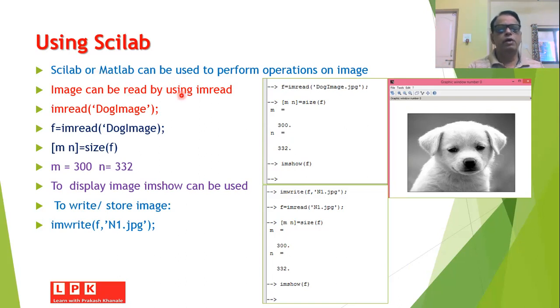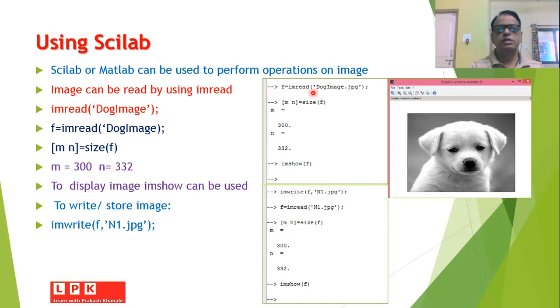Whenever you want to read an image, you can do so by using the function called imread, and in the brackets, in single apostrophes, you write the name of the image. You have to check whether the image is available in your current folder or not. If it is not available in the current folder, then you have to write the complete path of the folder.